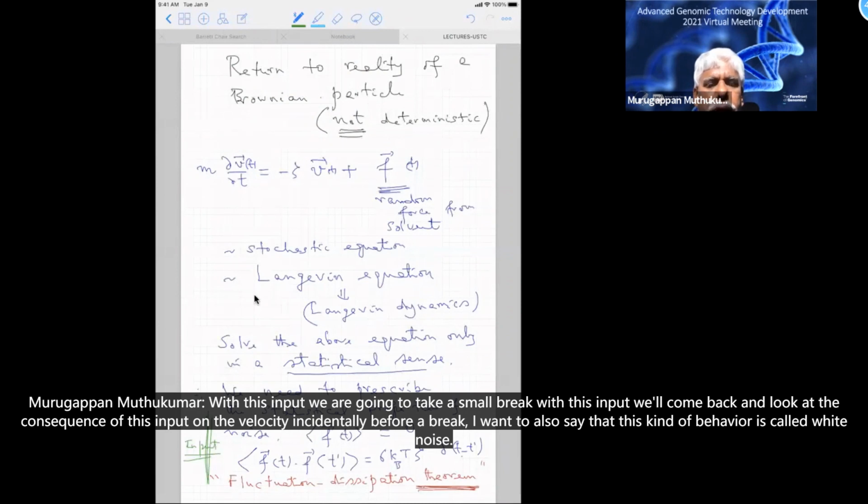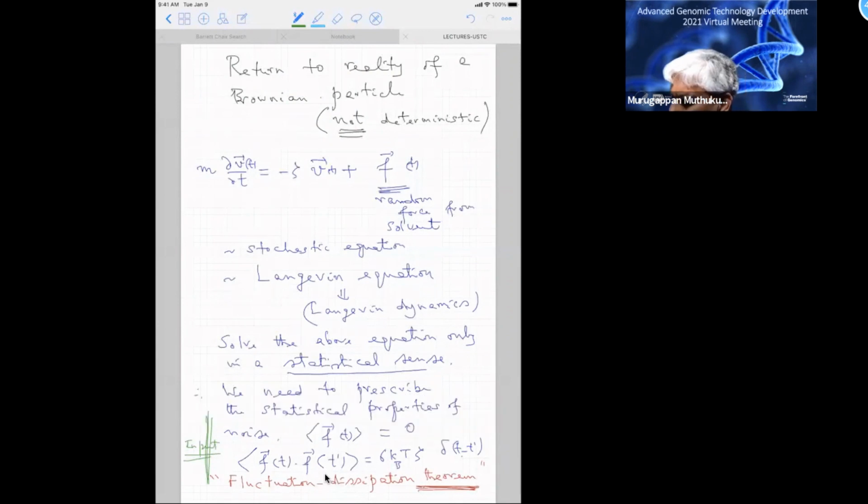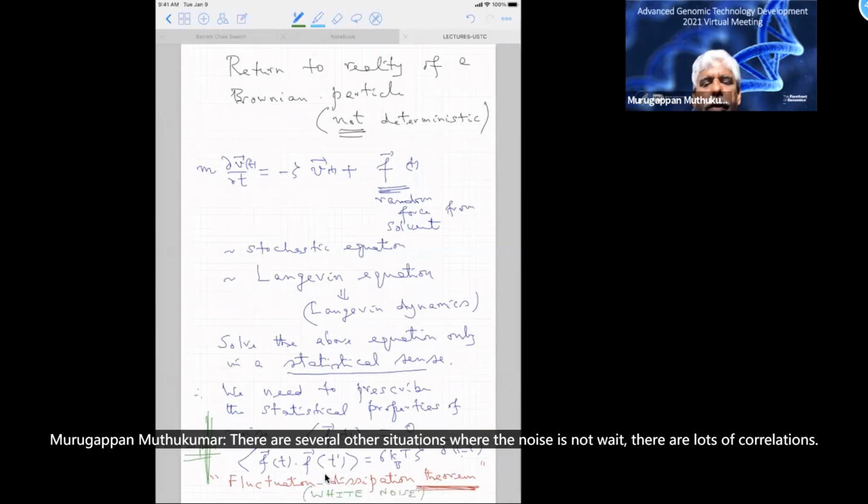Incidentally, before I break, I want to also say that this kind of behavior is called white noise. There are several other situations where the noise is not white. There are lots of correlations.